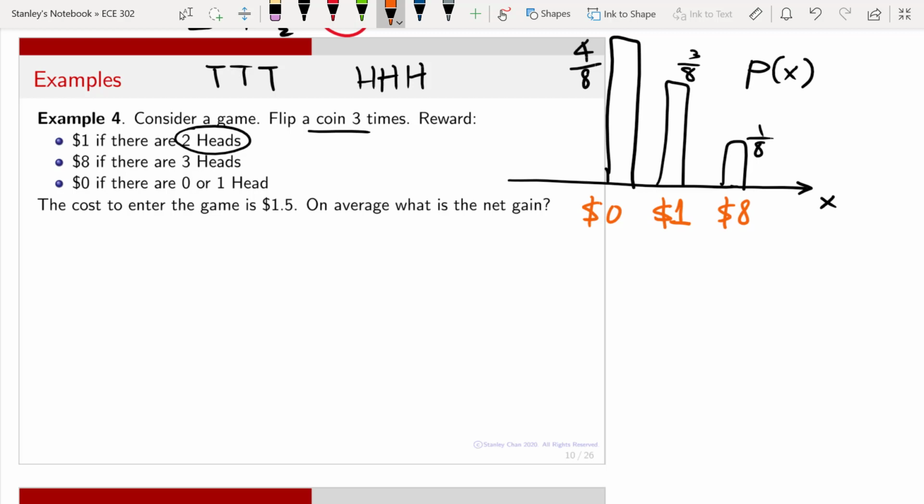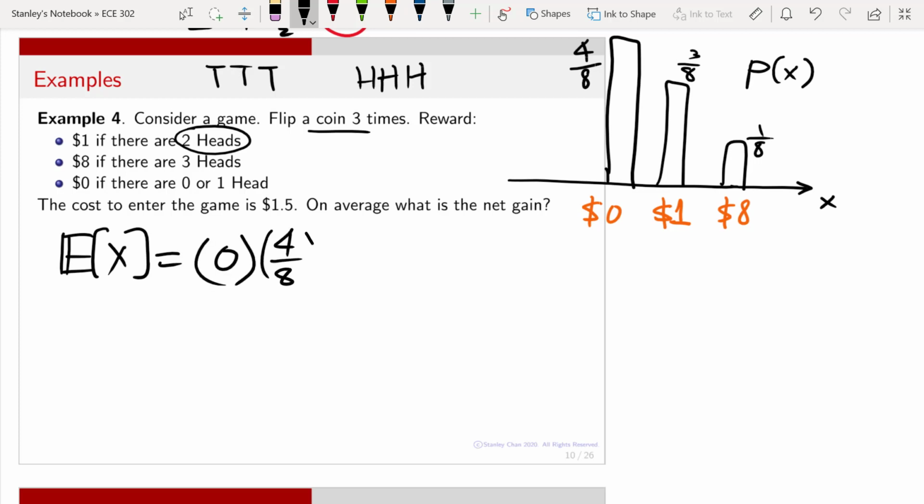The previous probability mass function is the probability mass function of getting the number of heads. That's not the same as what this problem asks. Now with this probability mass function, we can calculate the expectation. So the expectation of X would be $0 times 4/8 plus $1 times 3/8, and then plus $8 times 1/8.